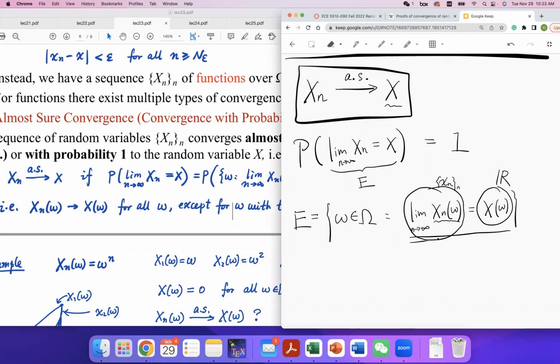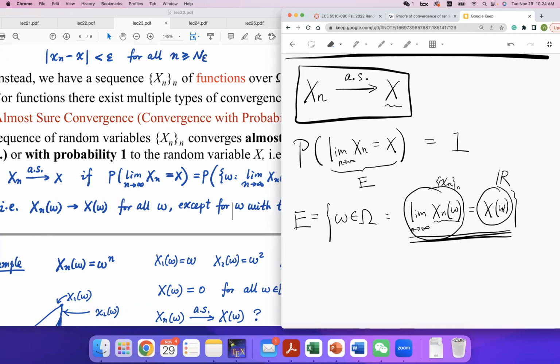And this criterion says that this event collects all the outcomes such that on this outcome, the sequence of realizations of xn will converge to the real number x omega.